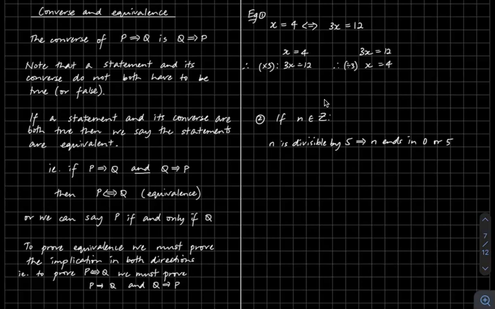That's true for any integer that is divisible by 5, it must end in a 0 or a 5. But it's also true to say that for any integer n which ends in a 0 or a 5, it is divisible by 5. So those two statements there are logically equivalent.